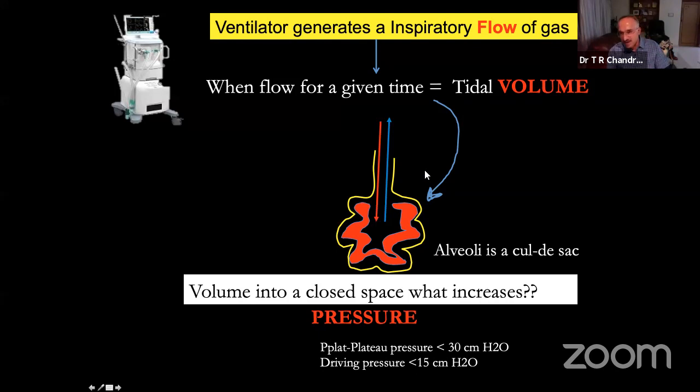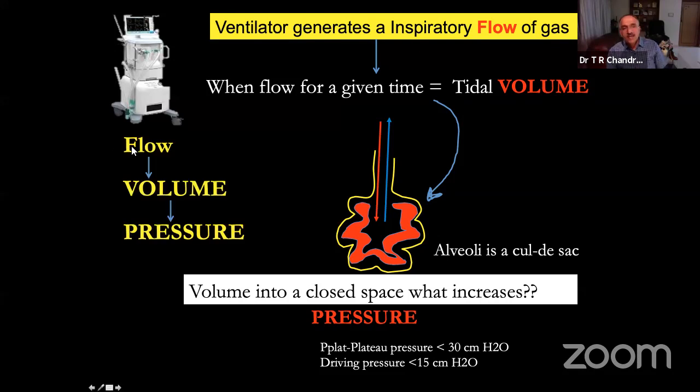Now, what I want you to understand is, what is this pressure we are speaking of? We are speaking about the alveolar pressure, or the pressure that this volume produces when it gets into this closed space. And studies have proved that the plateau pressure has to be maintained at less than 30 centimeters, and a driving pressure of less than 15 centimeters is a safe zone for preventing ventilator-induced lung injury.